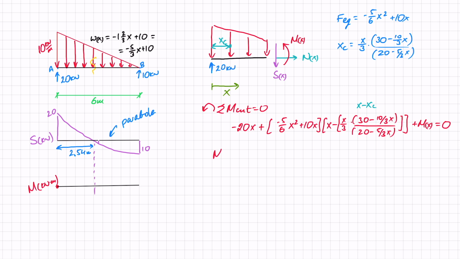I'm going to write this out. I'm not going to write it out too organized because I'm just going to substitute values. So I get 20x and then minus this whole thing.